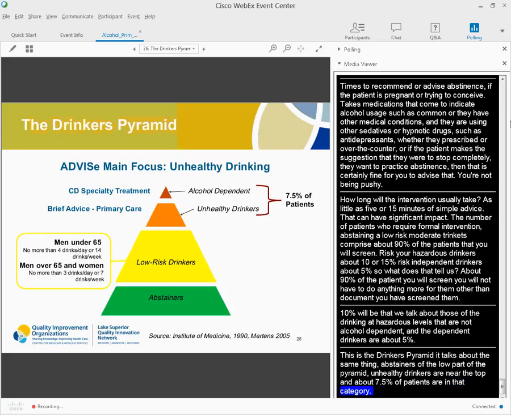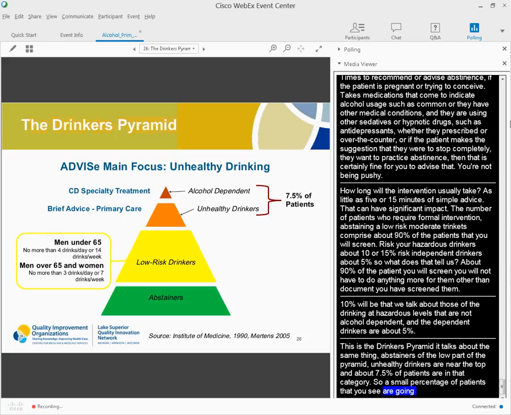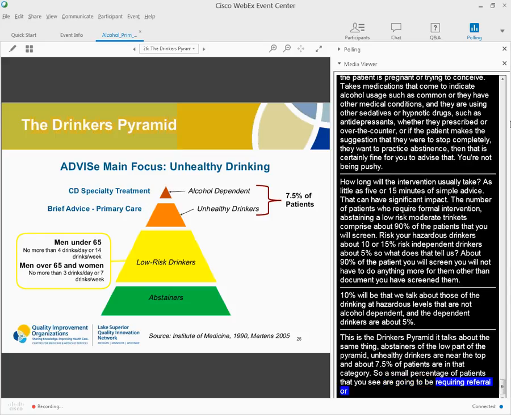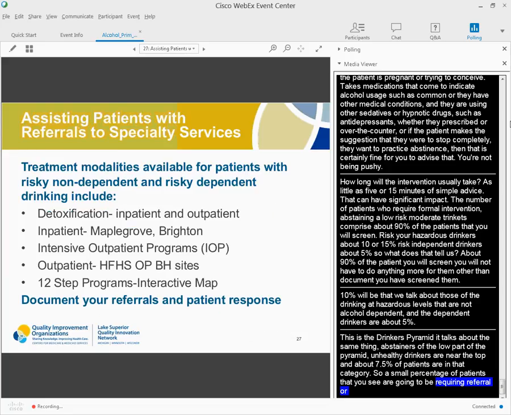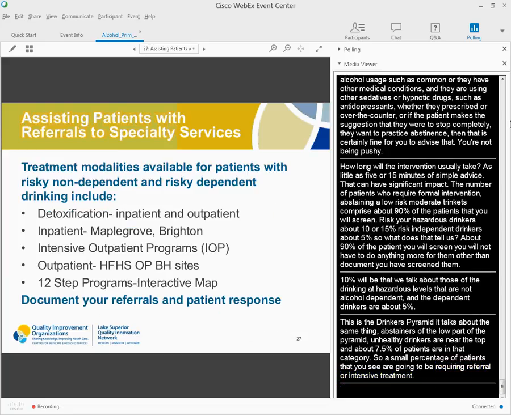Okay, so a small percentage of patients that you see are going to require referral out or intensive treatment. Okay, or intensive interventions by you or referral to specialty mental health services. Okay, so assisting patients to referral to specialty services.